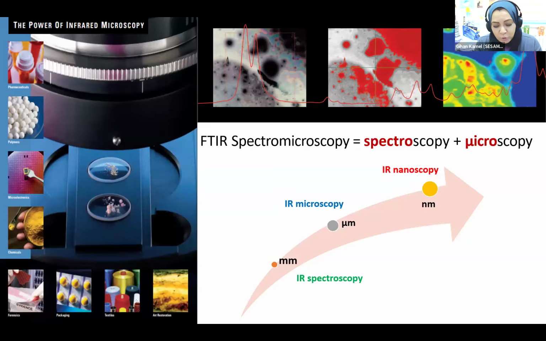Through this presentation, you may also get a sense of why synchrotron shows superior performance in special ways, not all the time. It depends on the samples and on the measurements. Synchrotron is not always better than the globar, as I will show later.